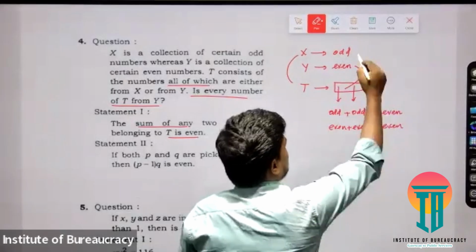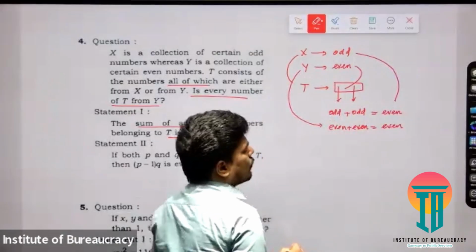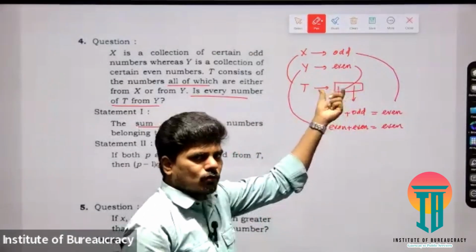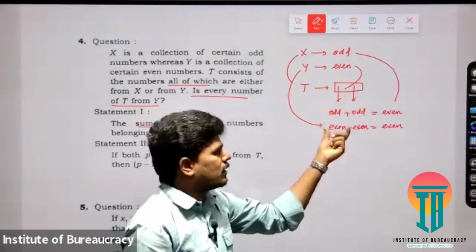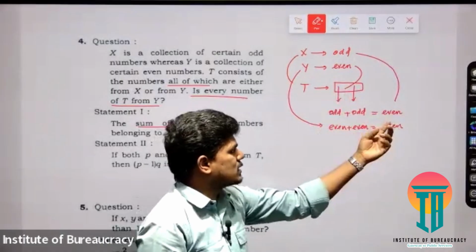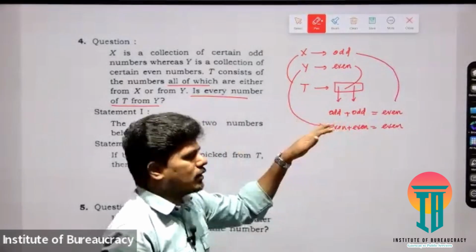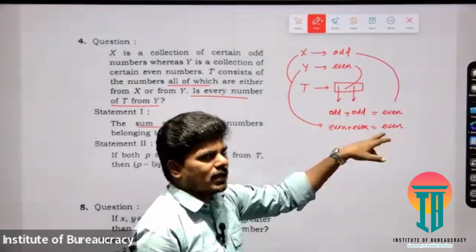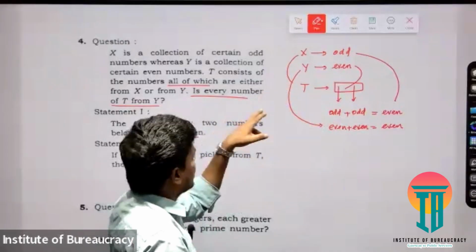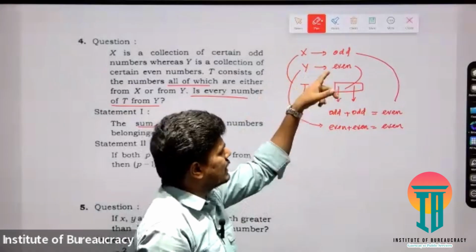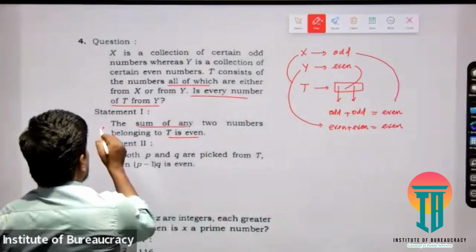So you have randomly chosen two numbers. If both are odd, from X, the answer is even. If both are even, from Y, the answer is even. Therefore, we cannot certainly say that T is having elements from Y. It can have elements from X also, because the answer is even in both cases. So using this, we cannot answer the question.